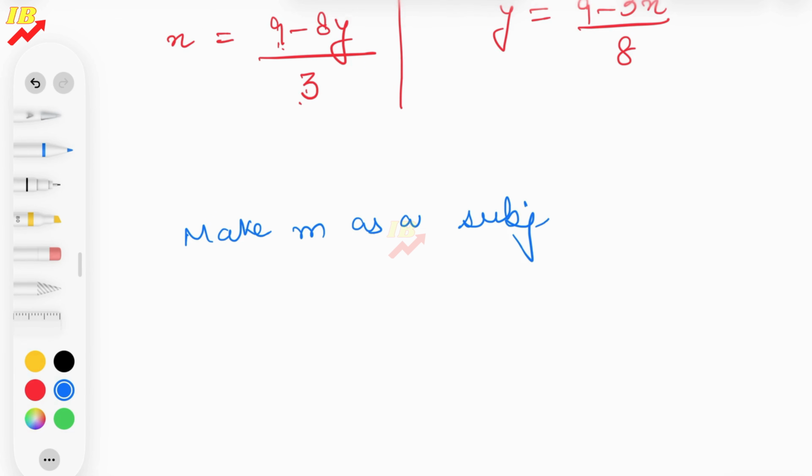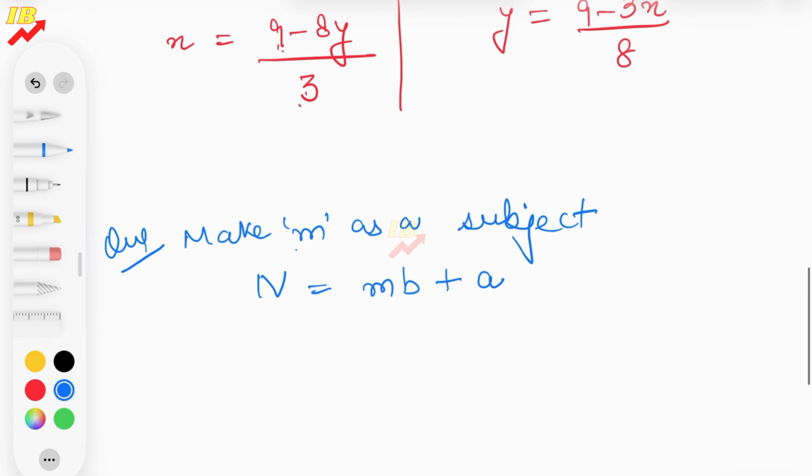Make m as a subject, okay? So n will be equals to mb plus a. Make m as a subject, so I'll be marking it like this so that you can understand it, right?